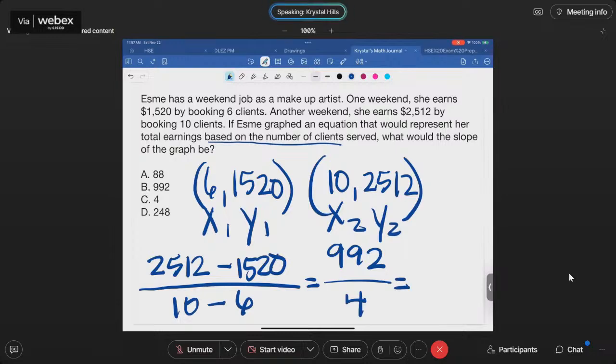And 992 divided by 4 is 248. 248 is our slope. And that's the answer, y'all. That's how you work out a slope problem on your exam.